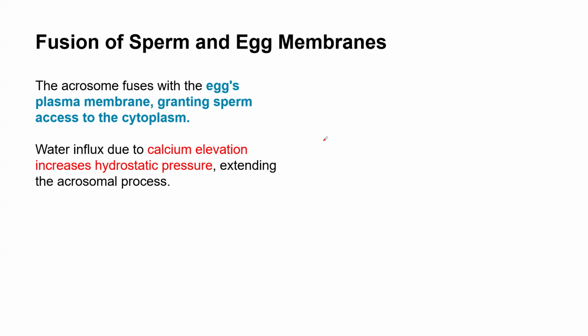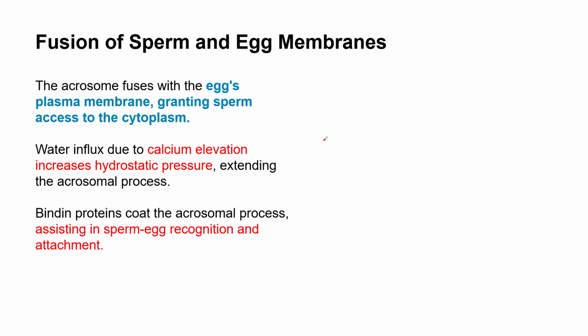So as we can see, of course, after depolarization, calcium levels will go high, and that will actually activate water influx. So this water influx will now cause an increase in hydrostatic pressure.